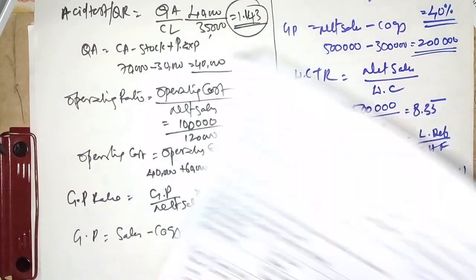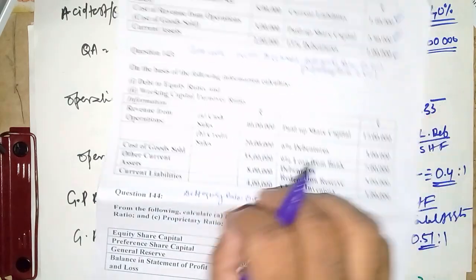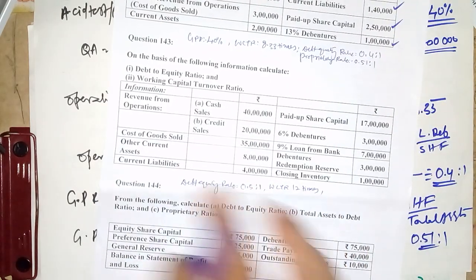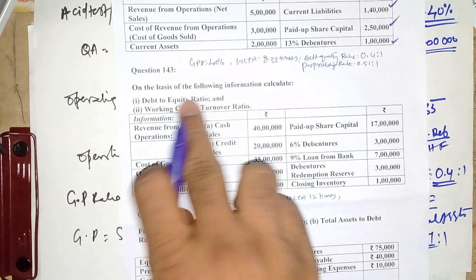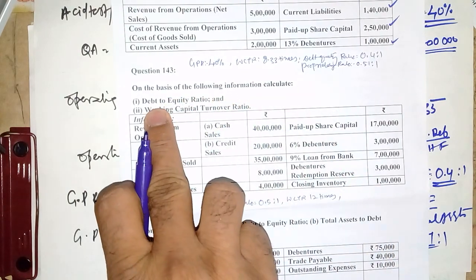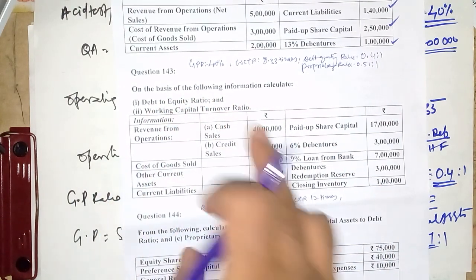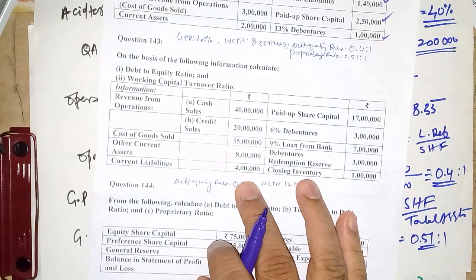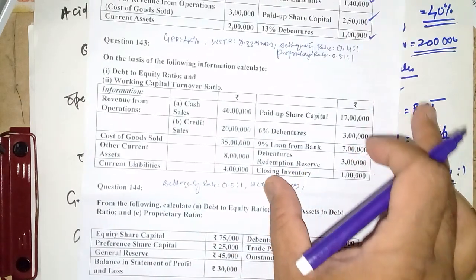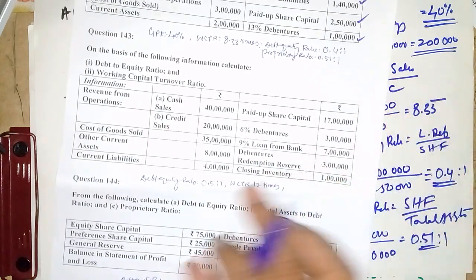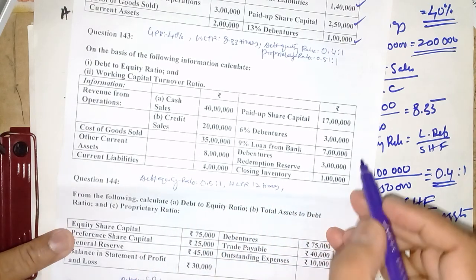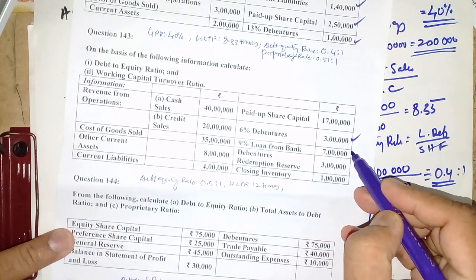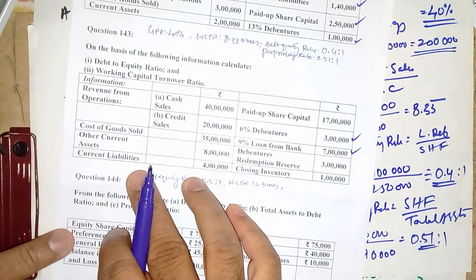Once the proprietary ratio is done, the next question says: on the basis of the following information, calculate the debt equity ratio and working capital turnover ratio. The formula of the debt equity ratio is equal to long term debts divided by shareholders fund. So what are our long term debts here? Long term debts are debentures and 9% loan.